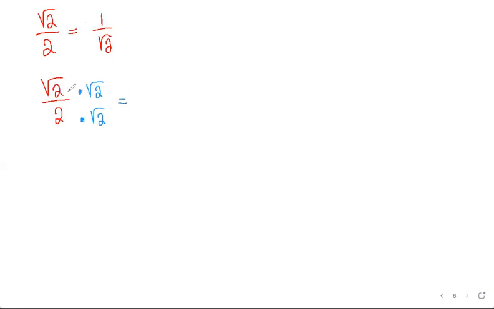So square root of 2 times square root of 2 gives me 2, over 2 times square root of 2. We can simplify the 2 with the 2. Now it gives me 1 over square root of 2. So this means square root of 2 over 2 is the same as 1 over square root of 2.